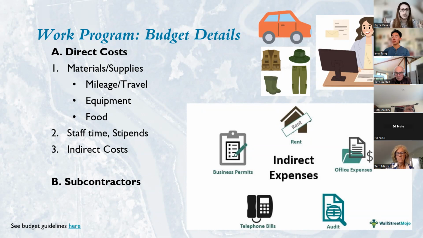And the project manager will approve your subcontractors as part of your work program approval. But if you don't know who your subcontractors are before your grant starts, that was totally fine. You can either add them as a work program update, further along in your grant, or you can email your project manager with their information.